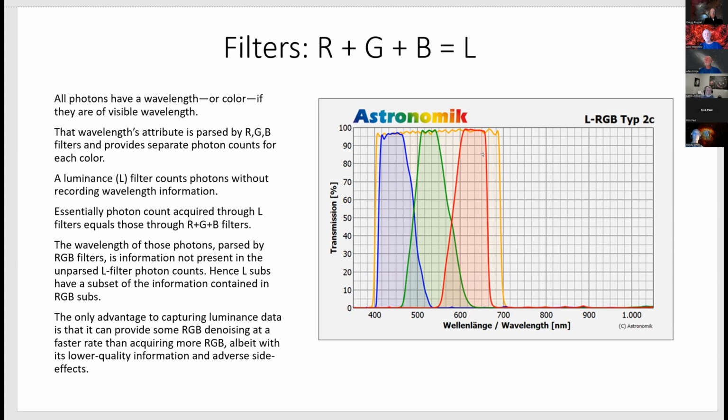I'll talk about that a little bit more. But that was the original reason why L was captured: to suppress noise, increase signal to noise ratio, and as such, make faint signals more obvious in our image. In that sense, they aren't providing detail; they're subduing the noise, and by that means showing the detail that's already there.